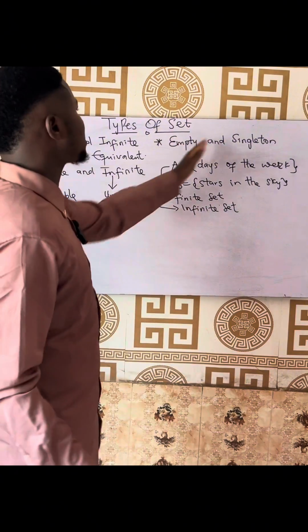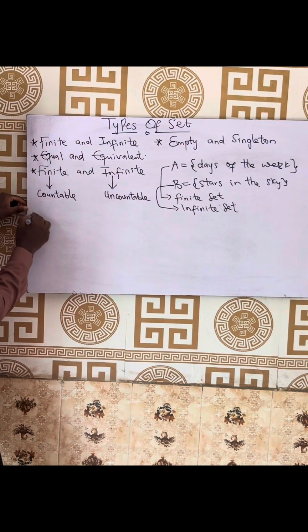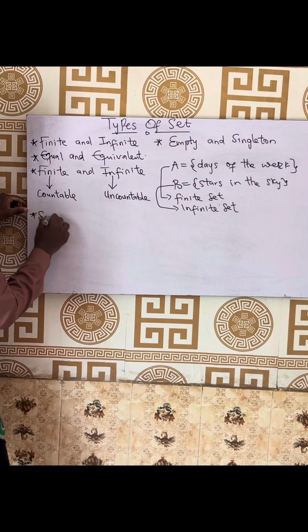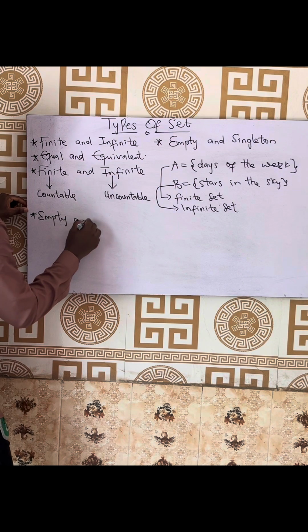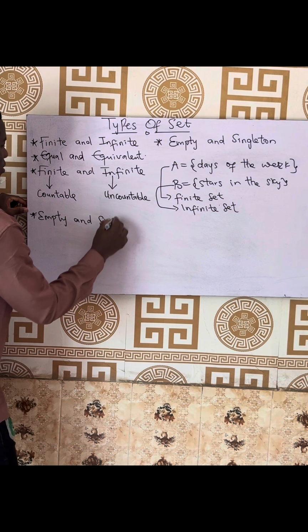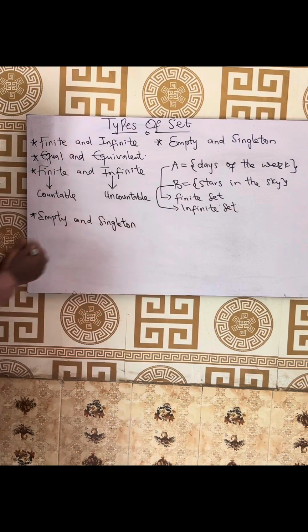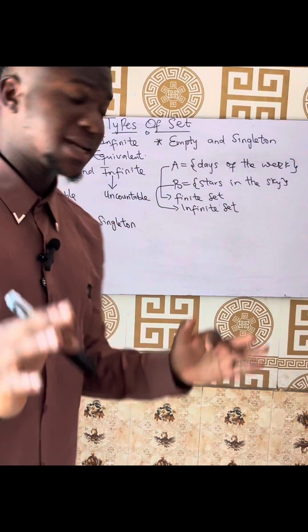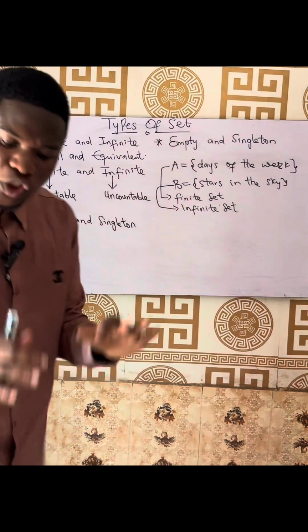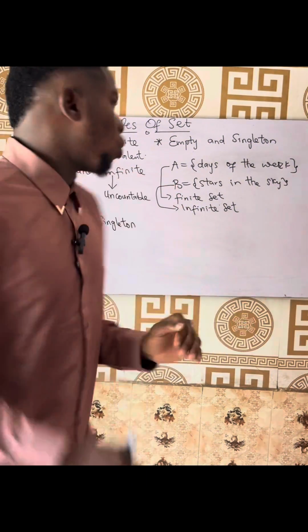Then let's talk about the empty and singleton sets. So guys, if you're talking about the empty and singleton sets, you also have to understand something, that empty is coming from when there is nothing, while singleton is coming from the term single.